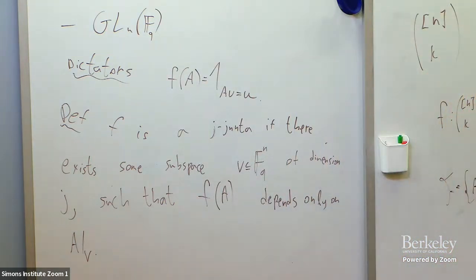And then again, we can define a function to be of degree D if it's a linear combination of D juntas.